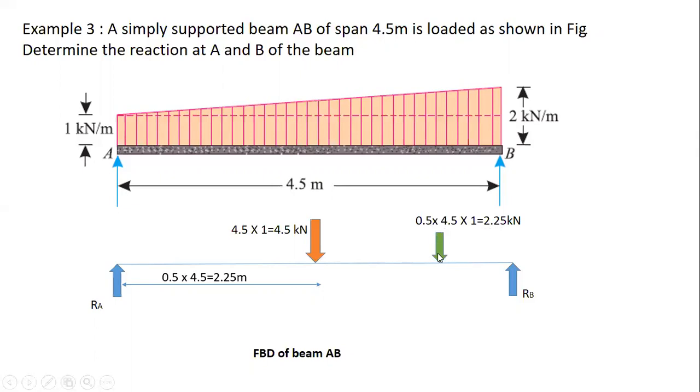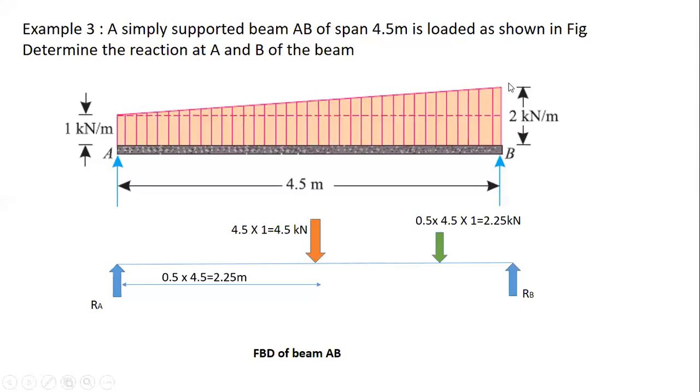Again, we have to mention the distance. The point of application of a triangular load will be at the centroid of the triangle, measured from the hypotenuse end. This is the hypotenuse end, this is the opposite end. If you consider the triangle, this is your hypotenuse.